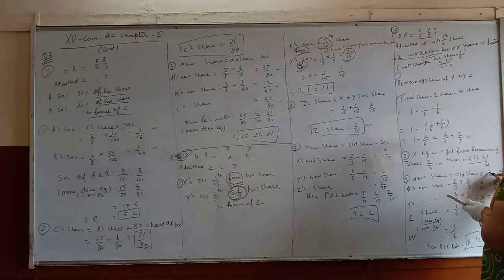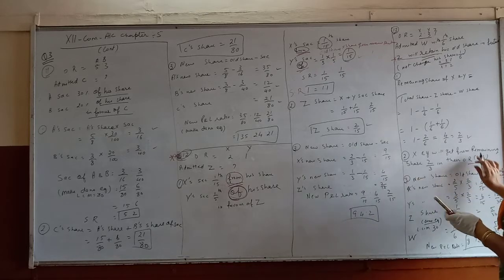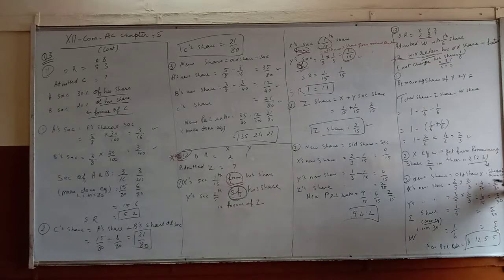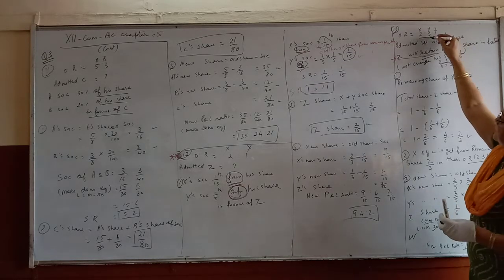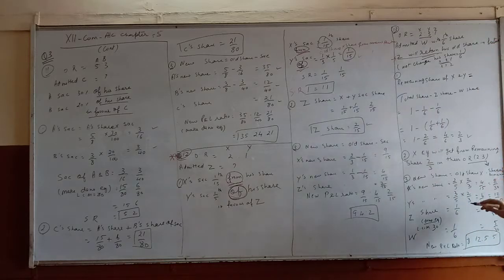And here this is the old ratio share. What is the share? 2 upon 5 times 2 upon 3, you will get 4 upon 15, for which later on we will make the denominator equal. Y's new share is 3 upon 5 multiplied by 2 upon 3, equal to 6 upon 15.